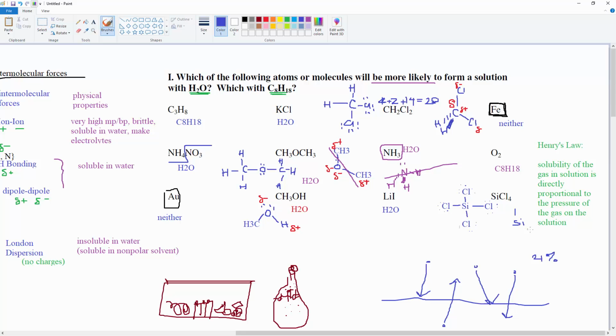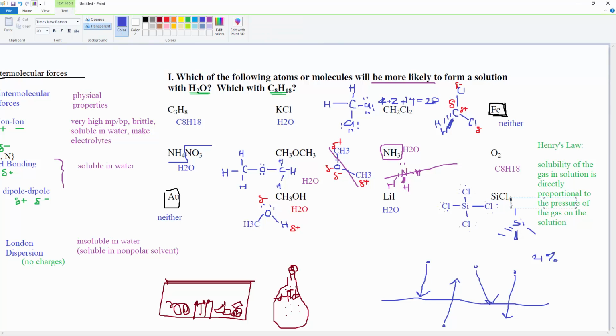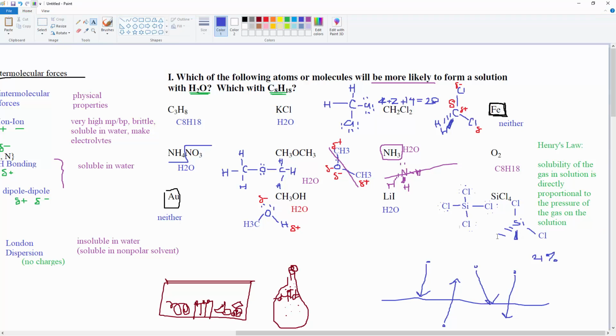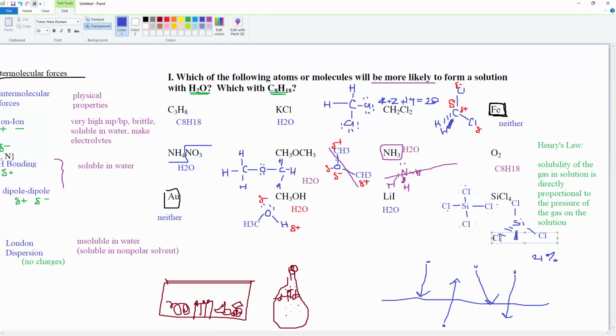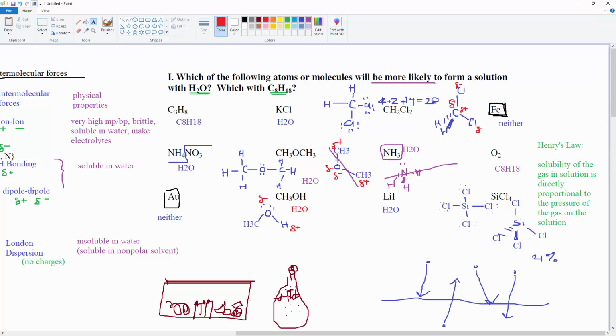And you're going to be tetrahedral here. So tetrahedral SiCl4. The Si is partially positive, and the Cl is partially negative.